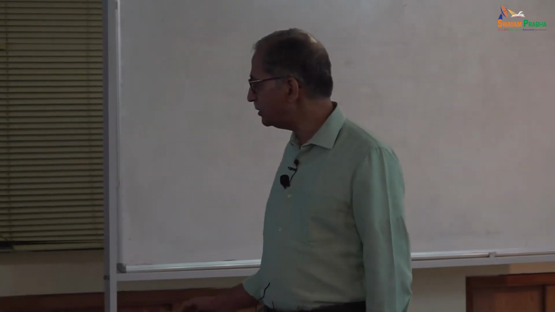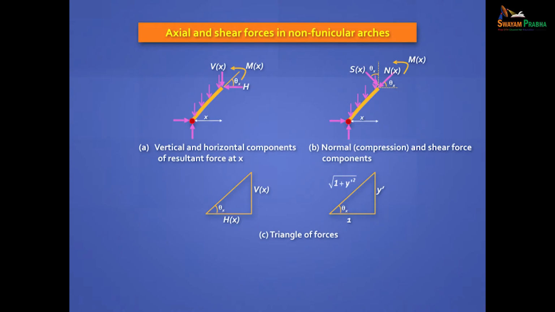Write the equations. You can take theta and you will find theta holds triangularly the same relation to V and H as to y dash and 1. With this relationship, you can resolve N, take the components of both H and V: N is H cos theta plus V sin theta, and S will be minus H sin theta plus V cos theta.